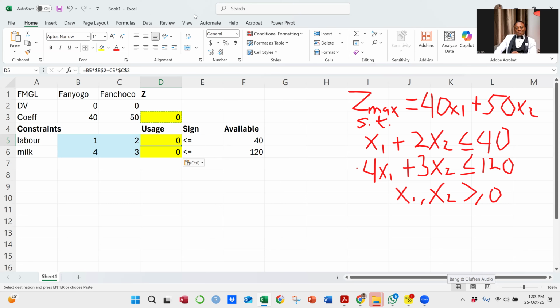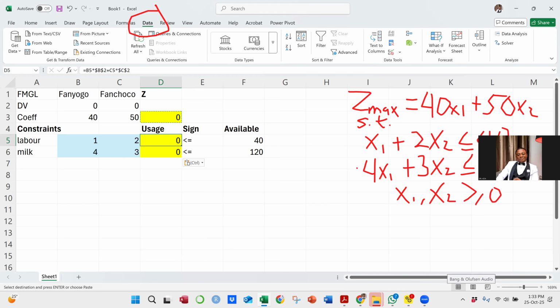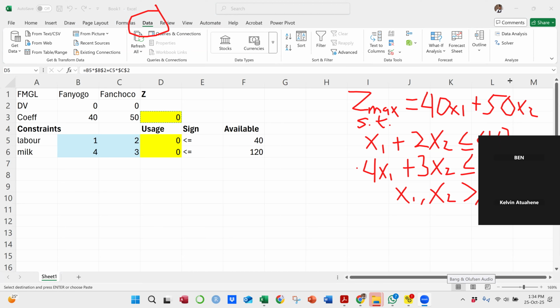Click on the Data tab, and then on the far right of your screen, you will see something known as Data Analysis and Solver. If you don't see Solver, raise your hand.